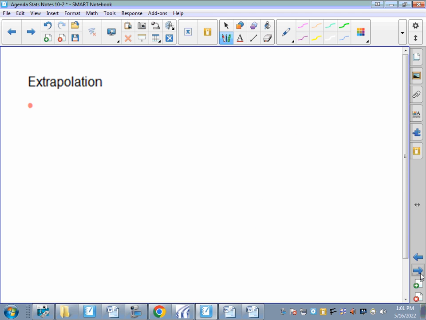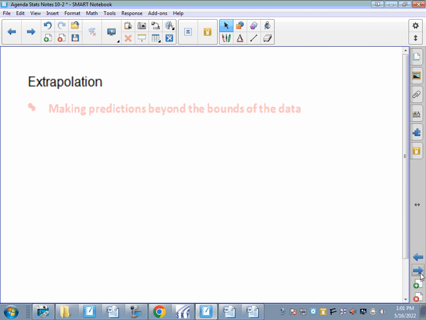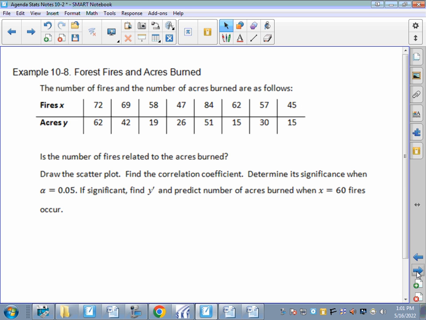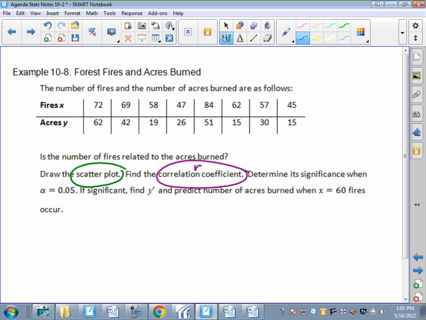So extrapolation, again, is making a prediction beyond the bounds of the data. Here, forest fires and acres burned, I feel like we've seen this example before. Is the number of fires related? So in other words, we're going to figure this out. It says to draw a scatter plot. It says to find the correlation coefficient, r. Determine its significance, so that's a hypothesis test.